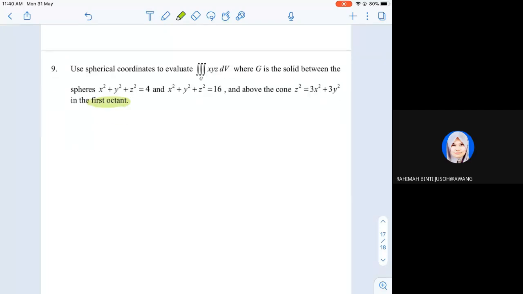So bila first octant, what happened to the phi? Bila first octant, dia ada sampai ke bawah tak? Dia tak ada lah. Dia tak ada sampai ke bawah lah.